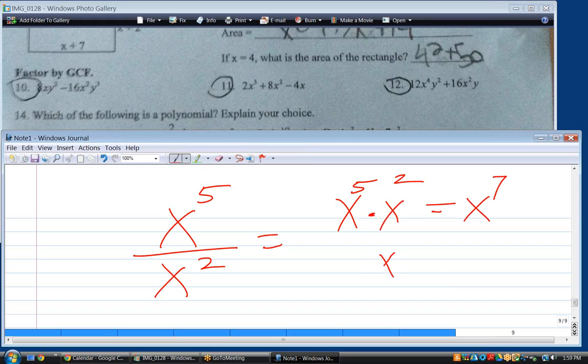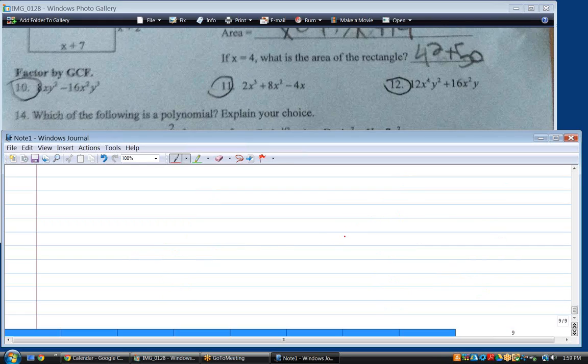When I am dividing, same base, different exponents, I subtract the exponents. And the third rule is if I am double exponentiating. That's what I call double exponentiating. What do I do with the exponents? You add them? Multiply.